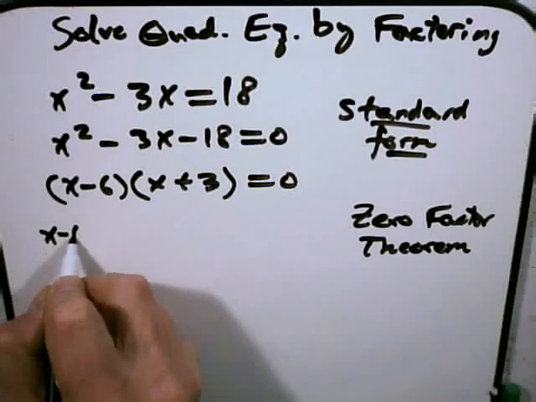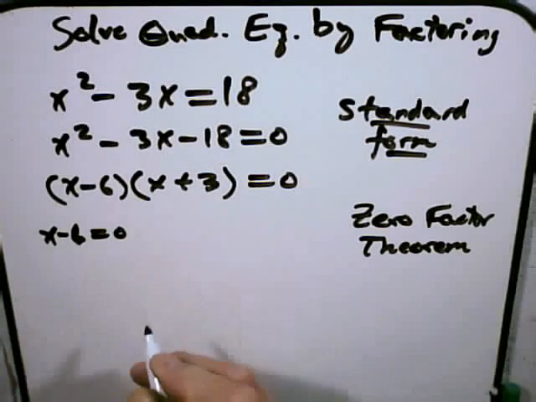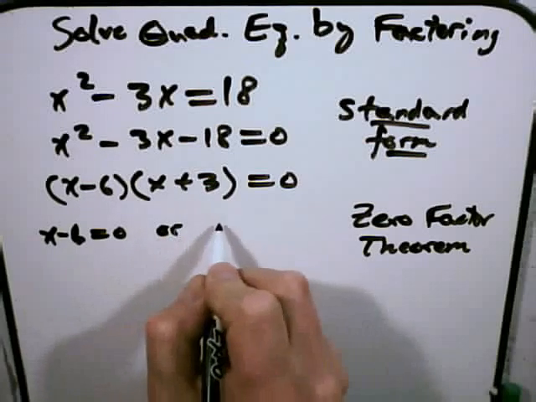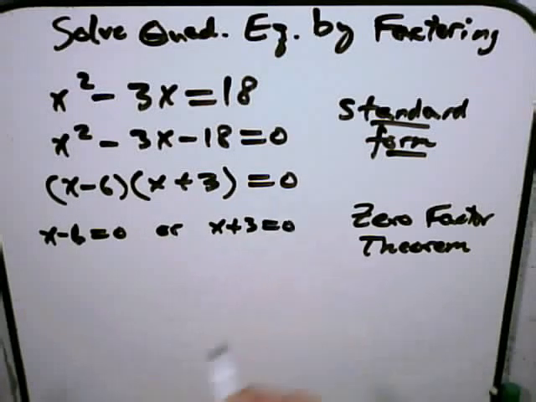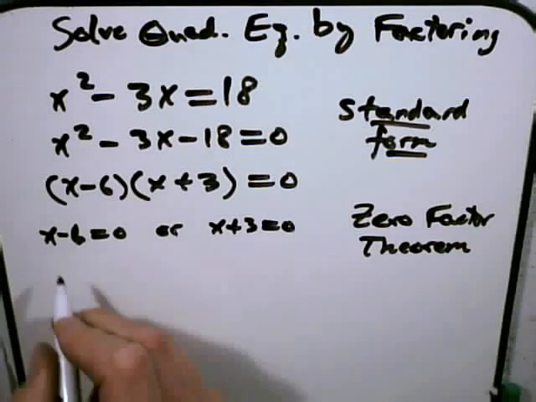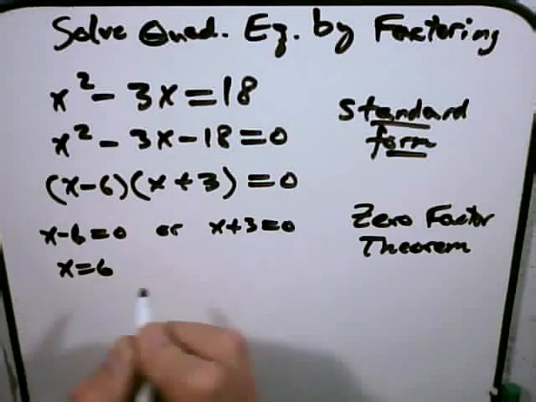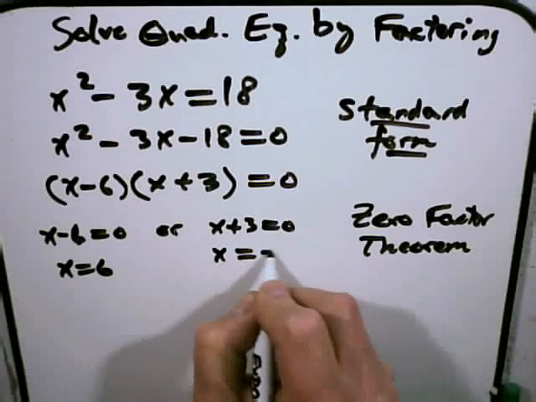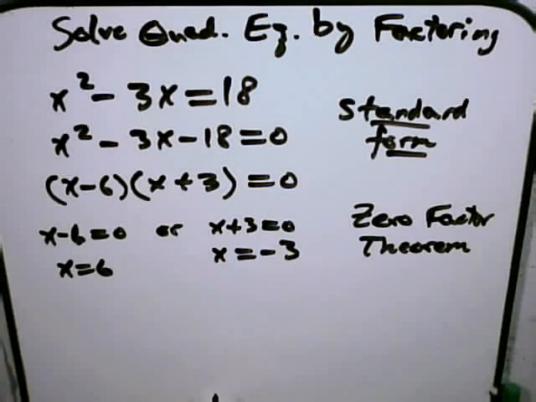So we take the x minus 6 and say, well, what makes that equal to 0? Or we take the x plus 3 and say, what makes that equal to 0? And solve each one of those individually. This one, of course, x equals 6, and this one, x equals negative 3. So we say the solutions are 6 and negative 3.